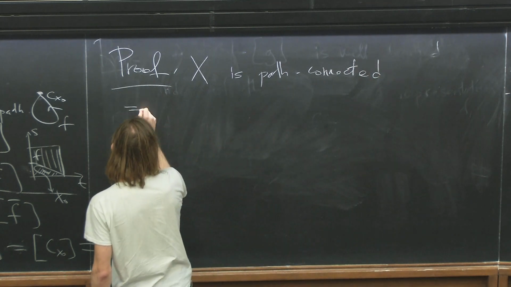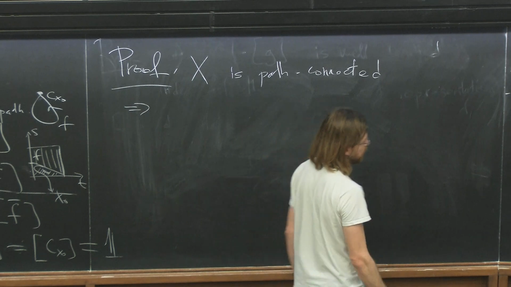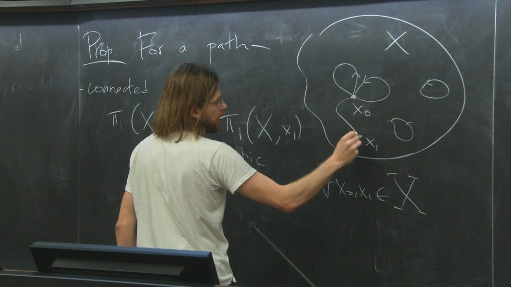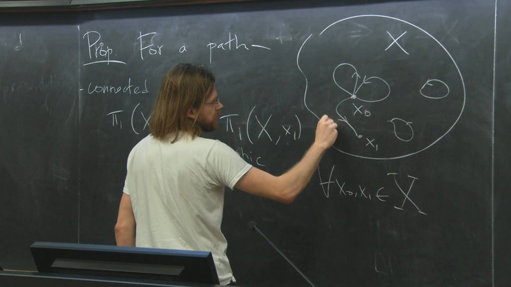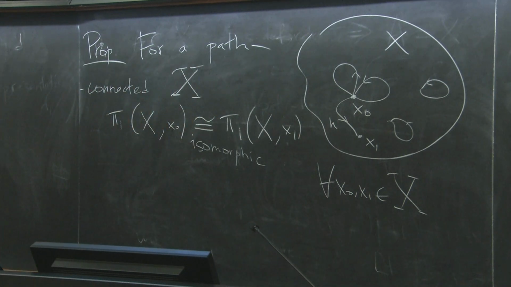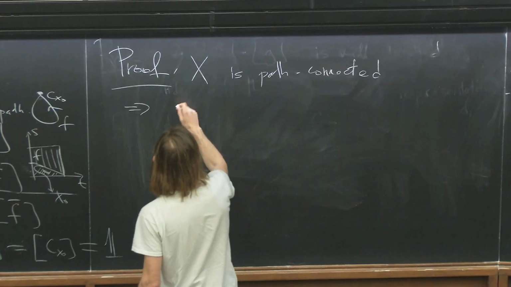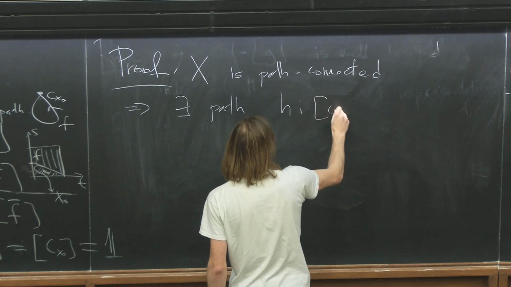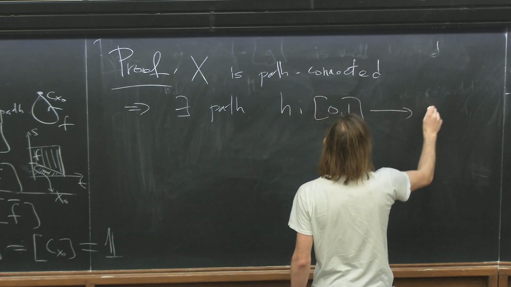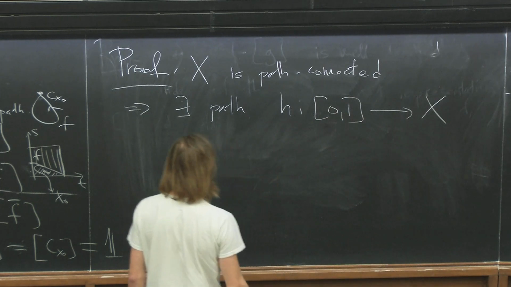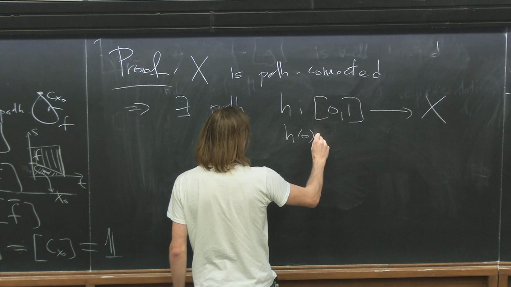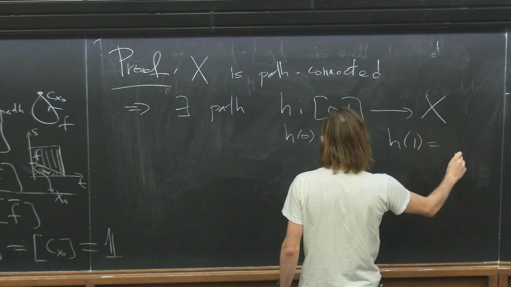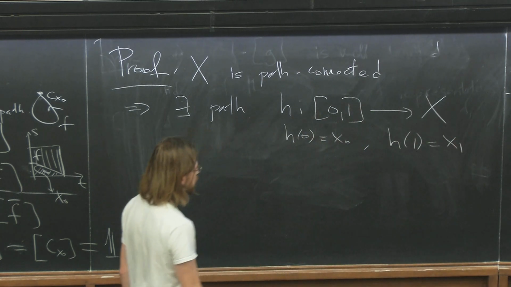This means that there exists a path between this pair of points, and let's denote this path H. It's a map from an interval to X which starts at x0 and terminates at x1.